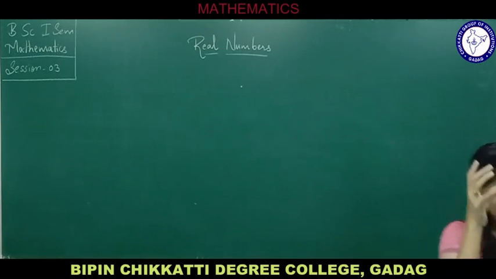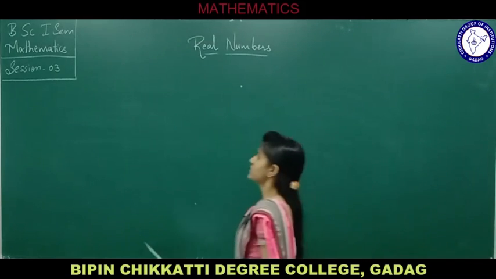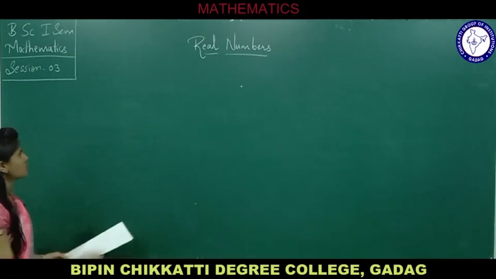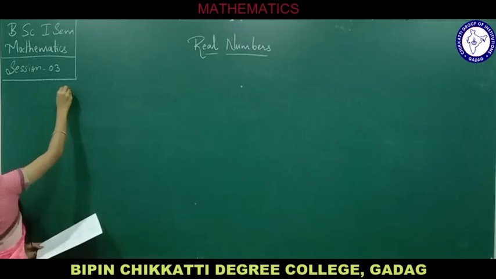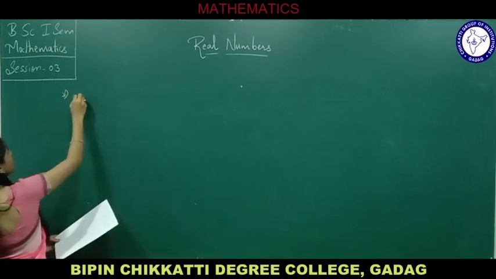Now let us move to the next thing: the Archimedean ordered field. We studied about complete order. We studied the Archimedean property of R. Now we are going to study about the Archimedean ordered field.